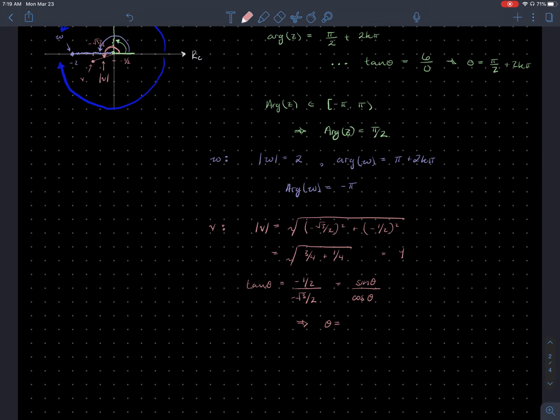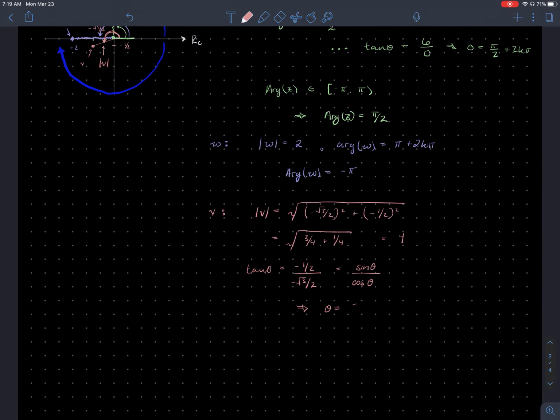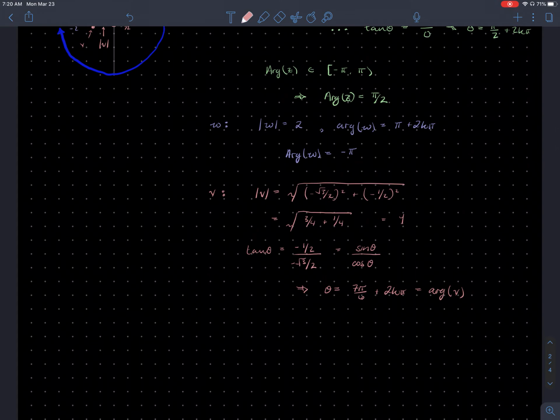Okay, so this is going to be true at, let's see, 7/6 plus 2k pi, which is going to be equal to the arguments of our complex number v.